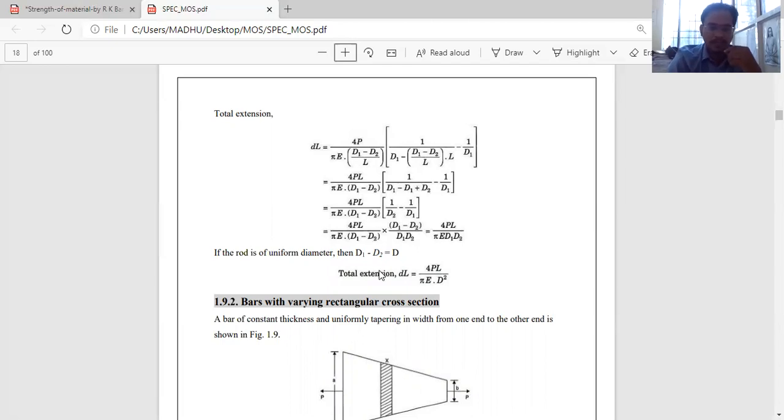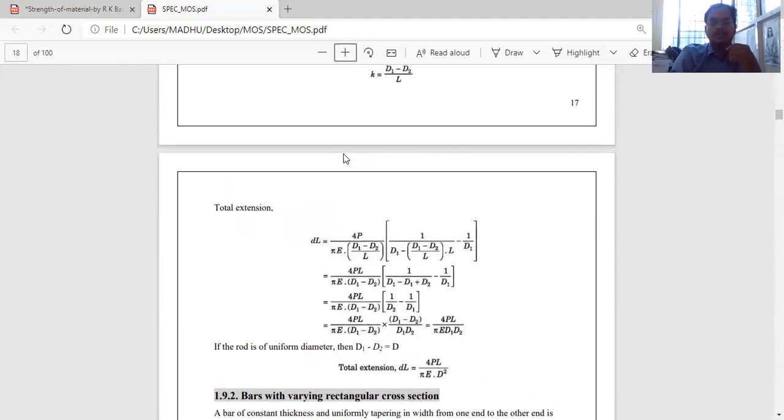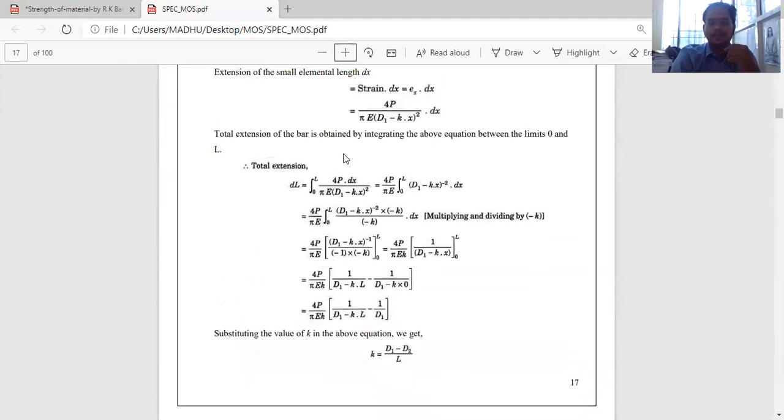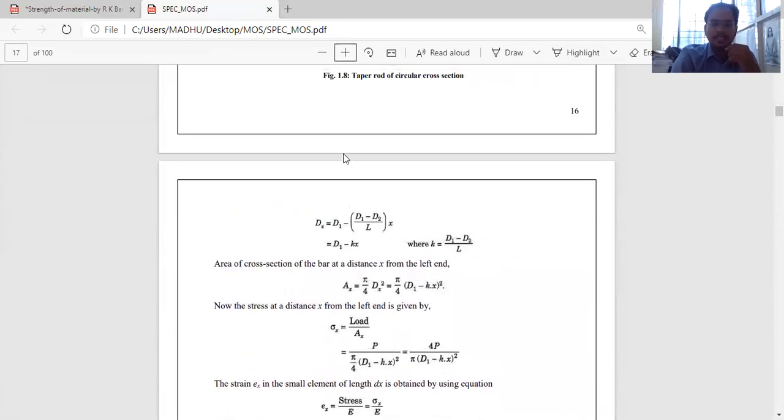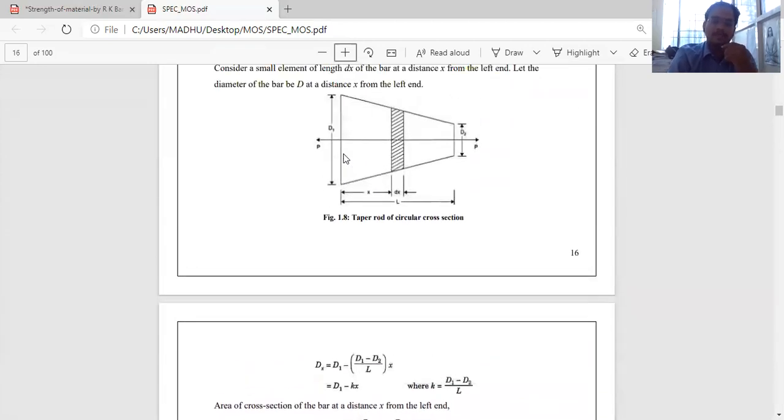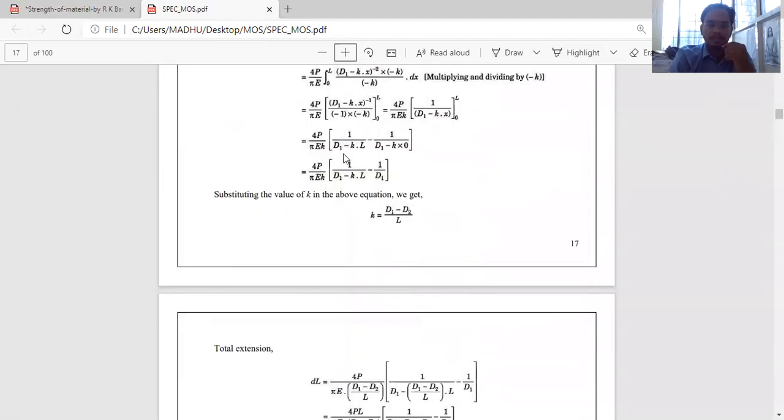So 4PL by pi E d1 d2 is the total change in length of this tapered bar.